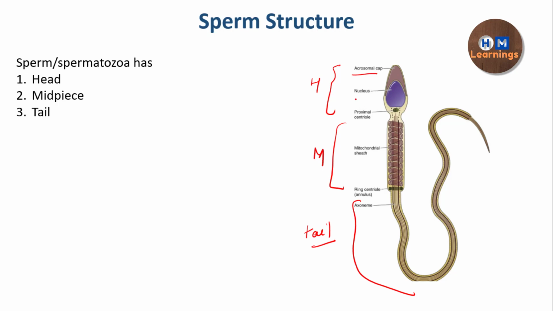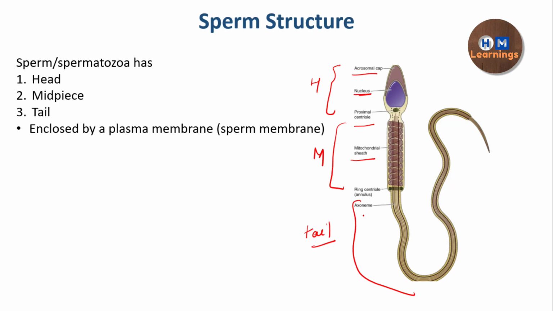Then the nucleus is there, and in the middle piece the centriole and mitochondria are there, and the tail has the flagellum, which moves it in the forward direction. One by one we are going to deal in detail with the components of each of these parts.